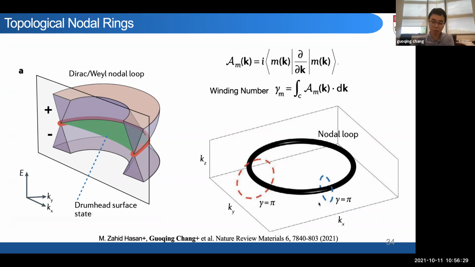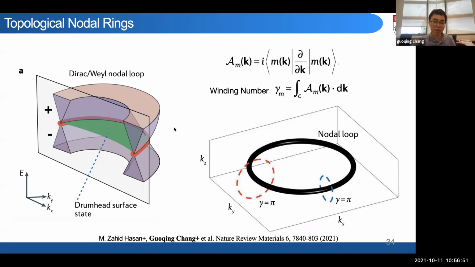This is quite similar to what people have studied in graphene. As a result, we expect to see flat bands inside this loop, forming a state called the drumhead surface state. There has been intensive study of this topological nodal loop structure, so I will not discuss it today.